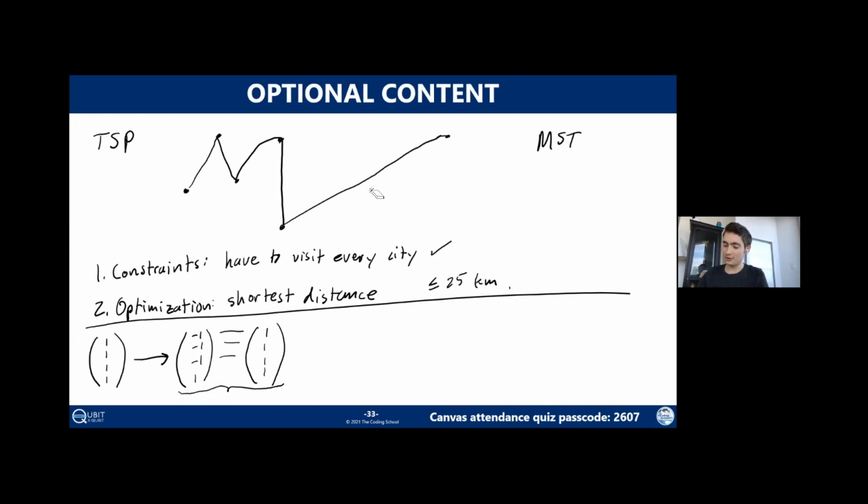A spanning tree could look like this, for example. That would be a valid spanning tree, but not a valid path for the salesperson. Right? So you are looking for the shortest in both cases, but it's a matter of what types of graphs are going to be valid.